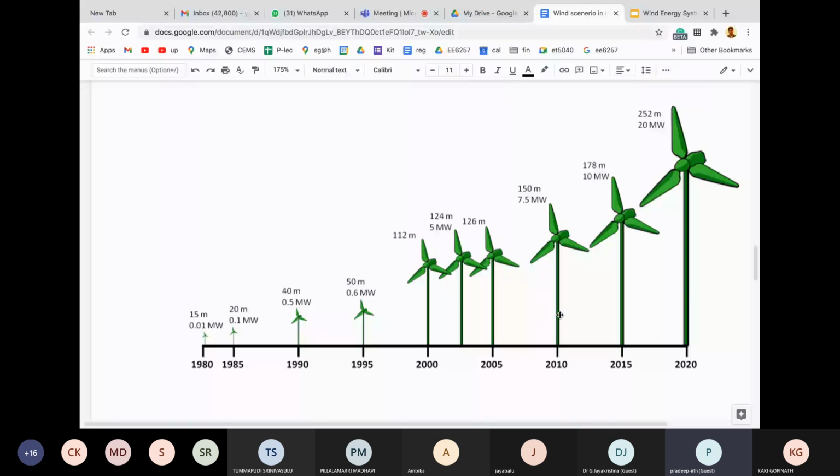As we move on, instead of multiple small wind power generators, we are going towards one single large wind power generator. The biggest one as of 2020, a single wind tower, can generate 20 megawatts of power at a height of 252 meters. We are going to see the relations, a little bit of the mathematical part I want to cover, eventually.